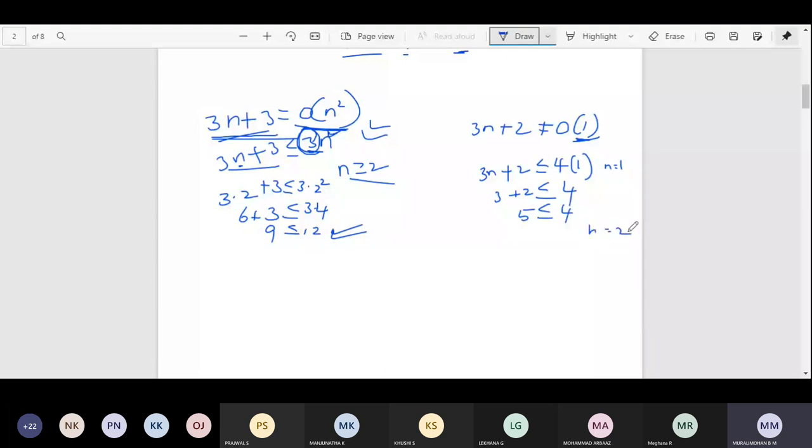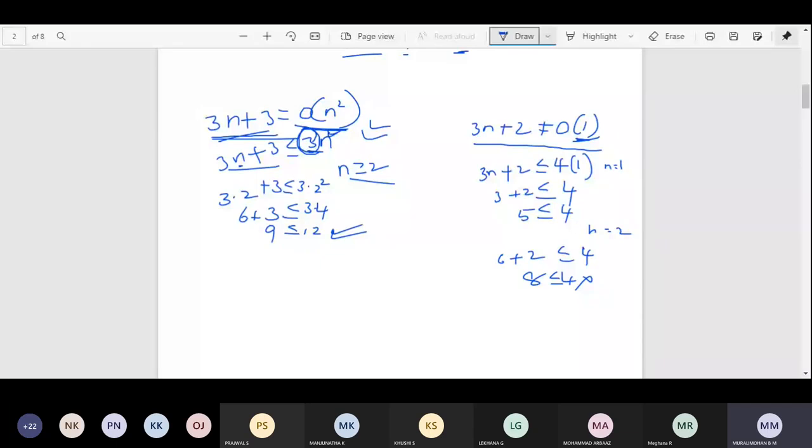If I take n is equal to 2, then 3 into 2, 6 plus 2 is less than or equal to 4. That is 8 is less than or equal to 4. It is not satisfying. So we can directly say that 3n plus 2 is not equal to big O of 1. Why?